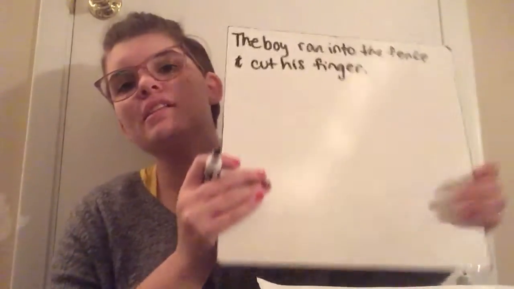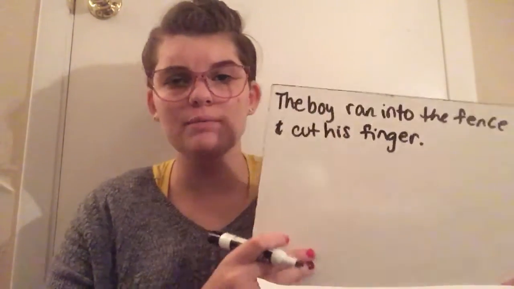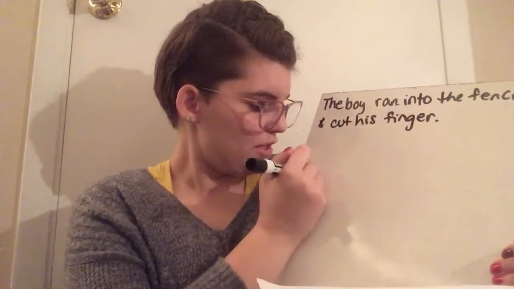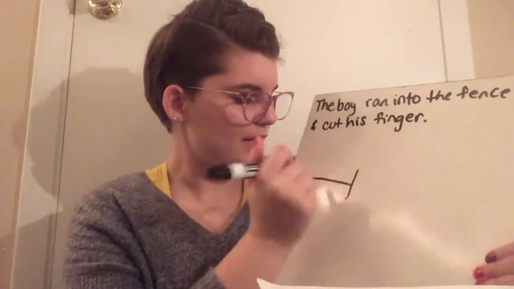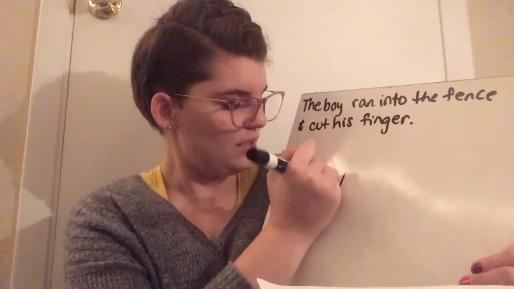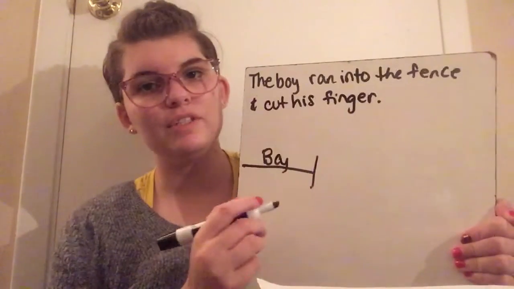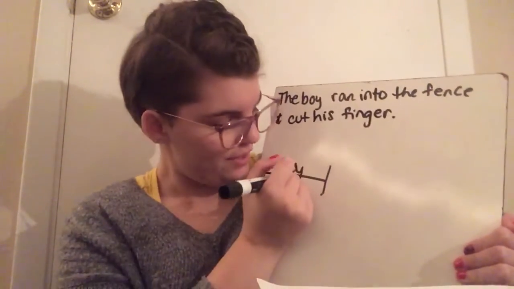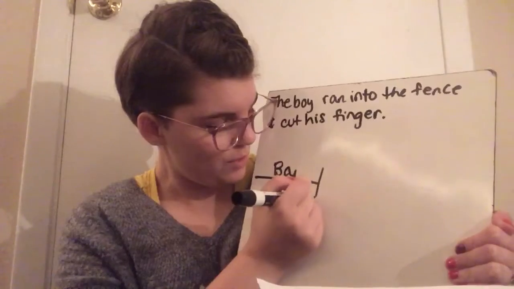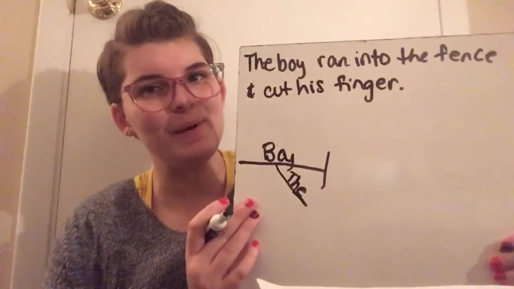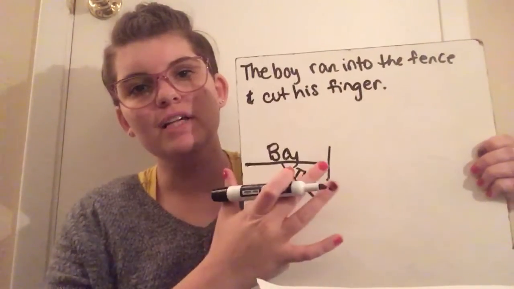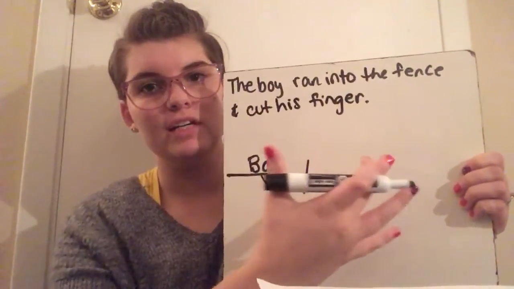Now, reading this, I can see right away, I only have one subject. So I'm going to go ahead and make my one line and separate it. So what's my subject? Boy. And what's missing there? The word the, modifying boy. What boy? The boy.